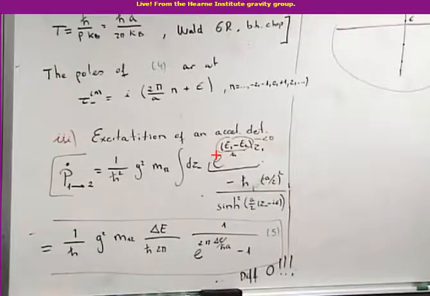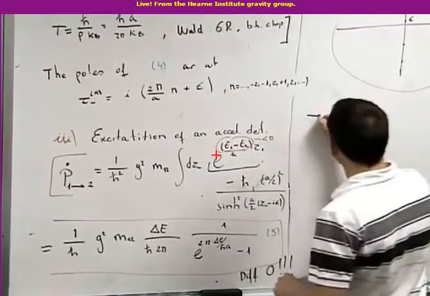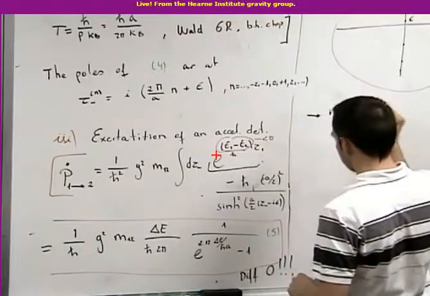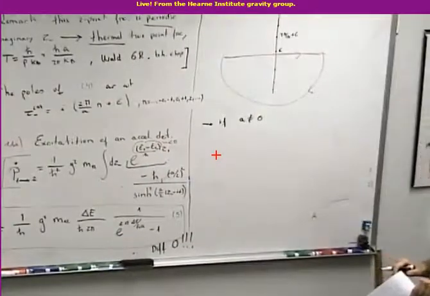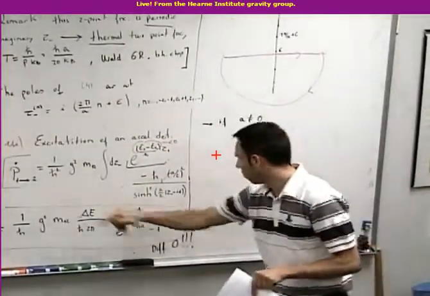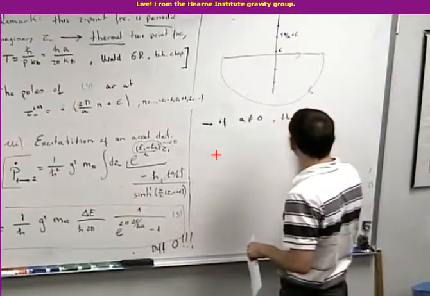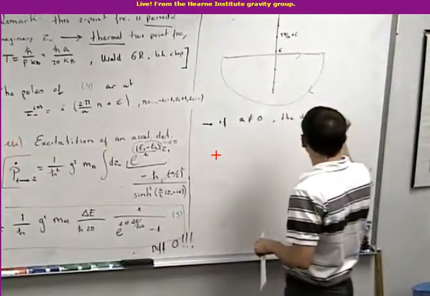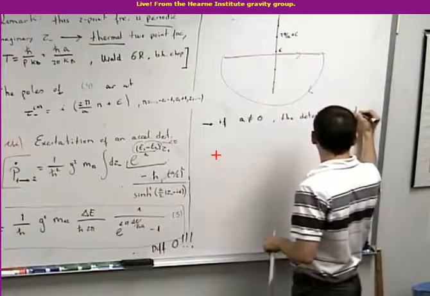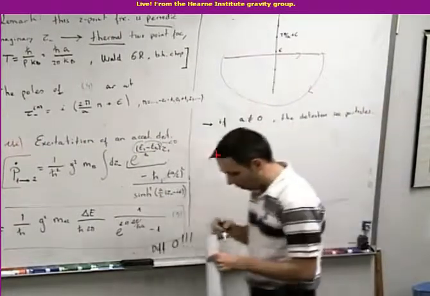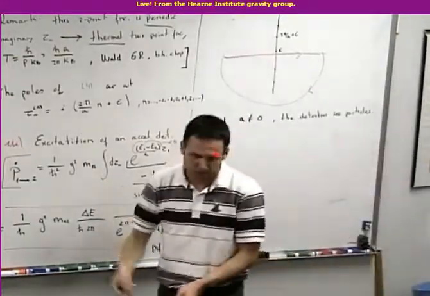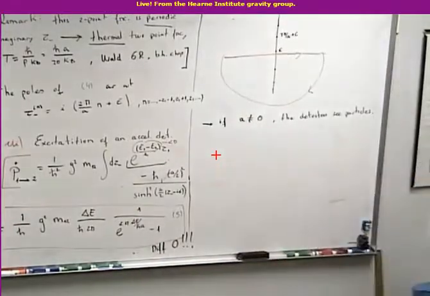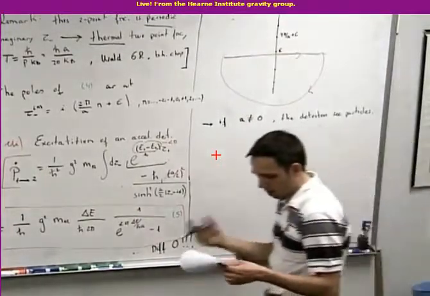So, conclusion: if a is different from 0 the detector sees particles; if a is 0, this is infinity and that was 0. We agreed in chapter 4 that the way we define particles physically is if my detector sees particles. So the state is not a vacuum. The detector will start beeping.